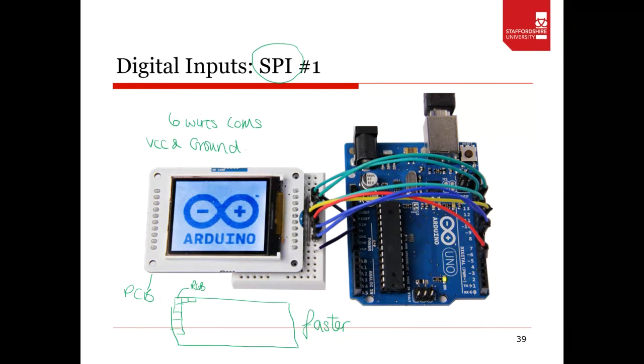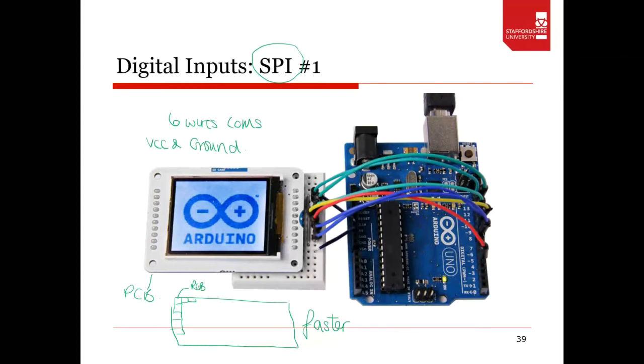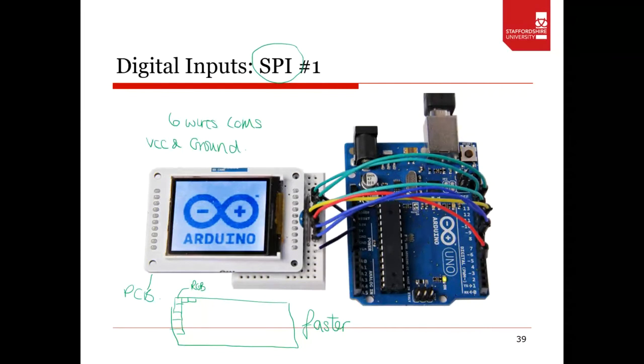Does anybody have any ideas of other protocols or cables that we use to do this? In your home or in the lab? Yep, exactly. Well done. So you've got VGA cables and HDMI.